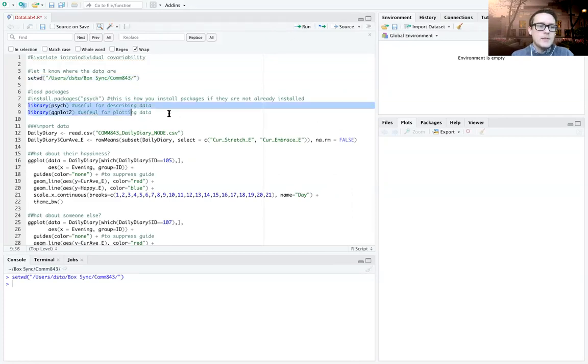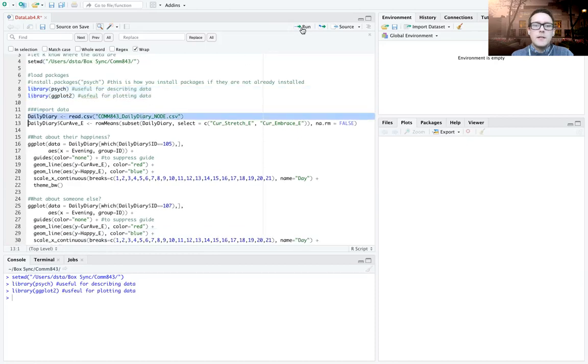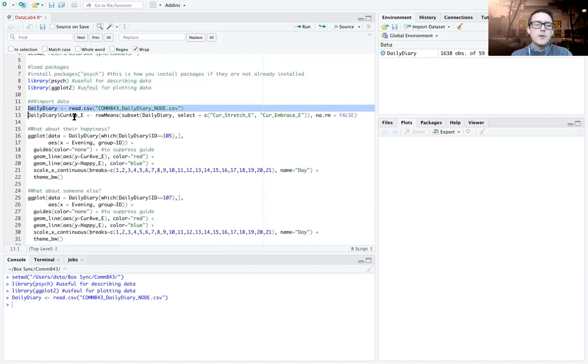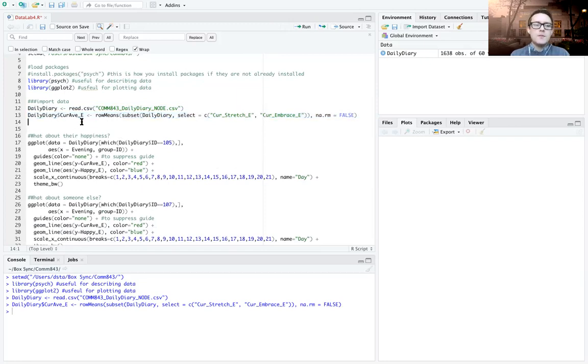We load a couple of packages that will be useful, and then we are importing the daily diary data. Again, the curiosity variable that I'm working with is made up of the mean of two items, so I'm just doing that up here. You could have in previous data labs outputted the file where you had already created this variable, and so to save and make changes to your data set, you could just do write.csv, the name of the data set you want to save.